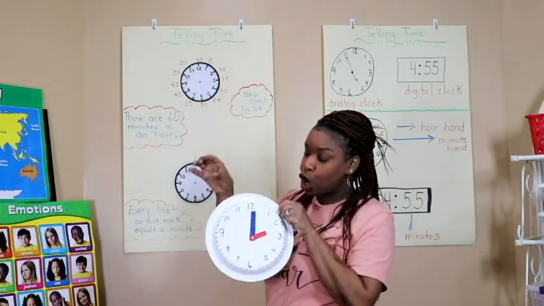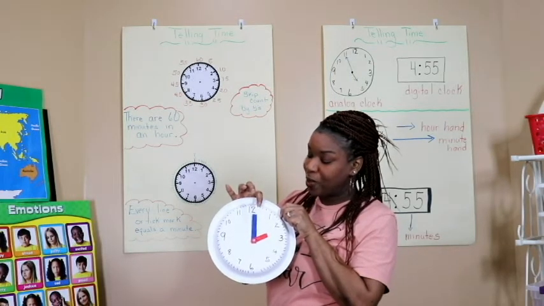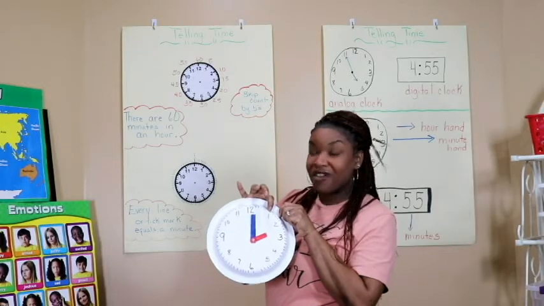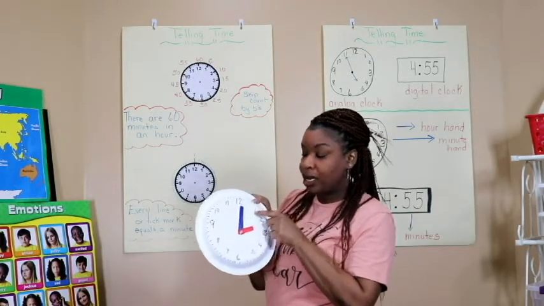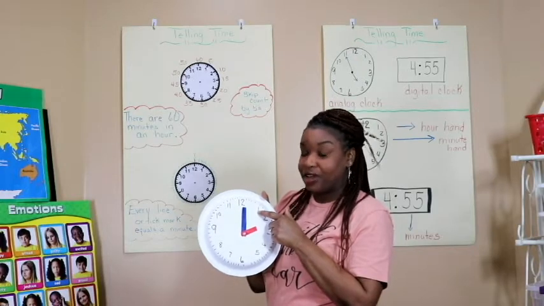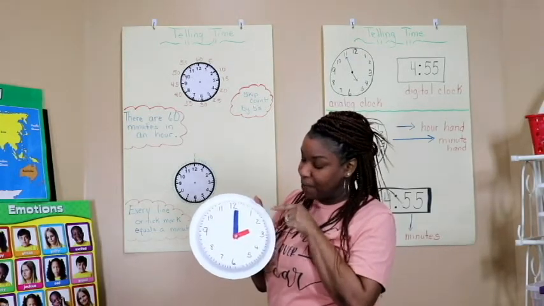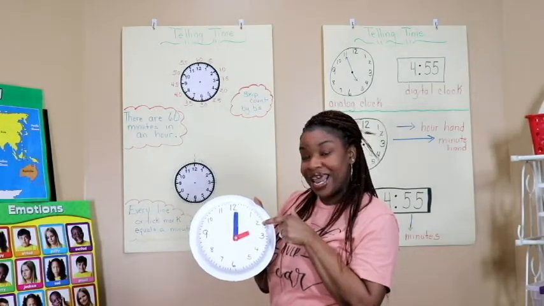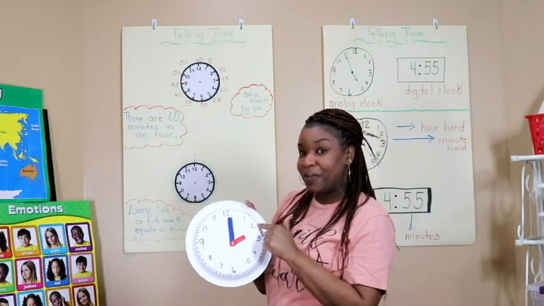So normally you will start at 12 and then it will go 1 minute, 2 minutes, 3, 4, 5 minutes. As you notice, when we got to the number 1, we said 5. Now I'm going to keep going. 6 minutes, 7 minutes, 8 minutes, 9 minutes, 10 minutes. When we got to the number 2, we said 10 minutes.